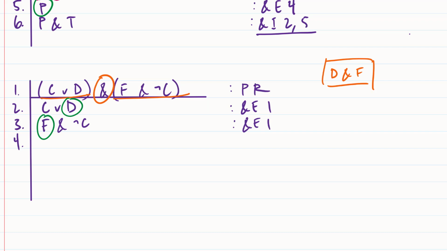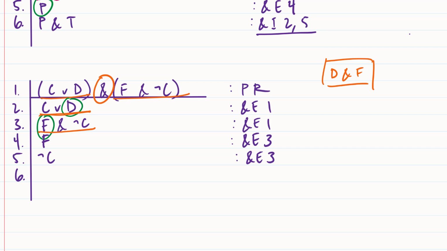Right now we can do conjunction elim again on what we have here on line 3. Just to make a note of it, we can't do anything with C or D as things stand right now. So F, that's going to be conjunction elim 3. And then again, not C, that's going to be conjunction elim 3 also.